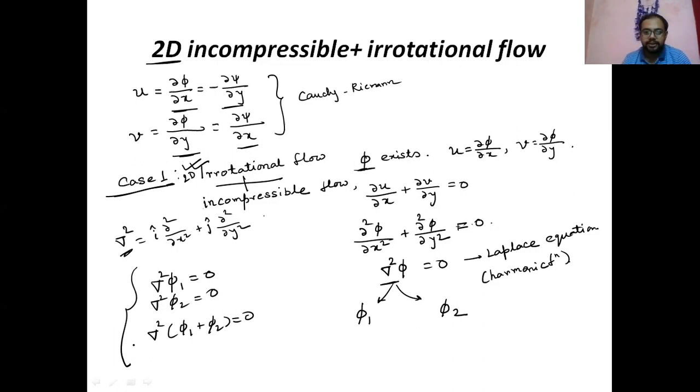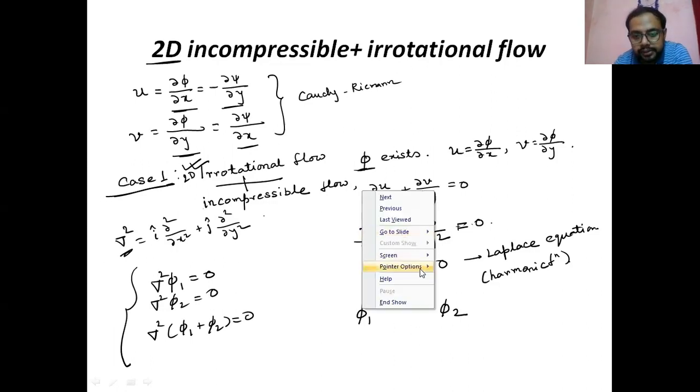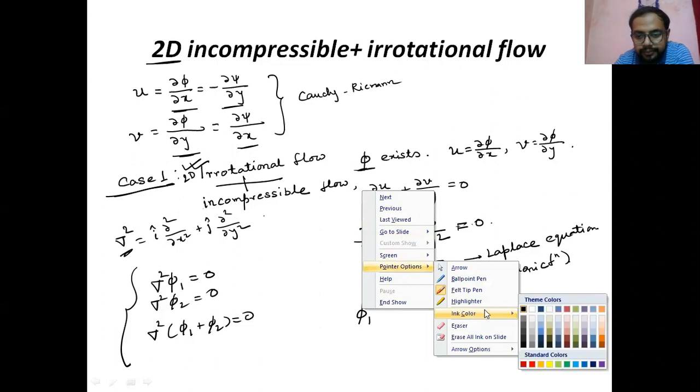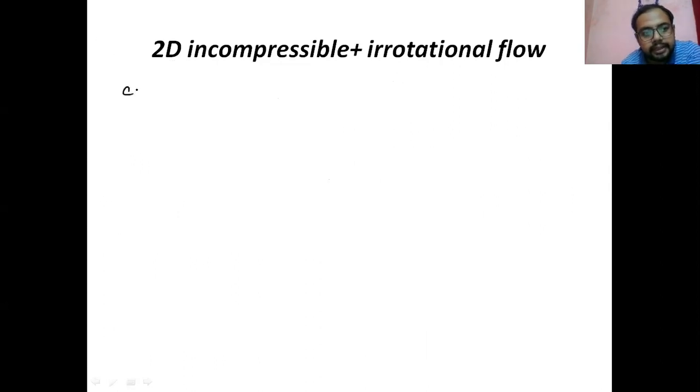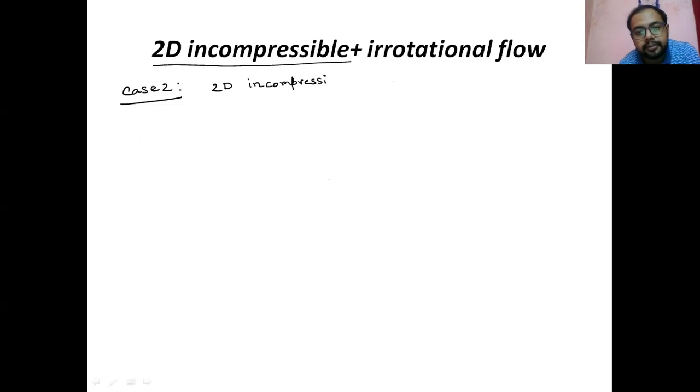Now consider the case 2. Here, first we are considering two-dimensional incompressible. In the previous case, we considered irrotational.